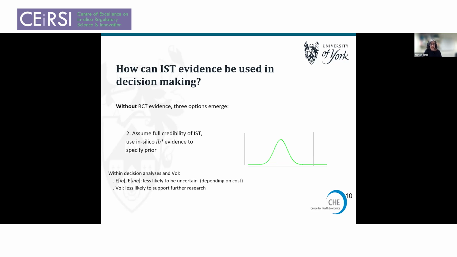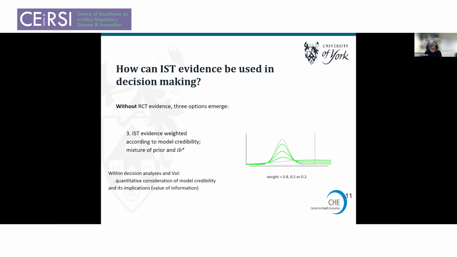So if using the IST and assuming the IST adds to the body of evidence, so getting some precision as in the figure here, you can see a more precise distribution than the previous one, then you would say that potentially the value of the technology is less uncertain, always depending on cost, and the value of information is less likely to support further research.